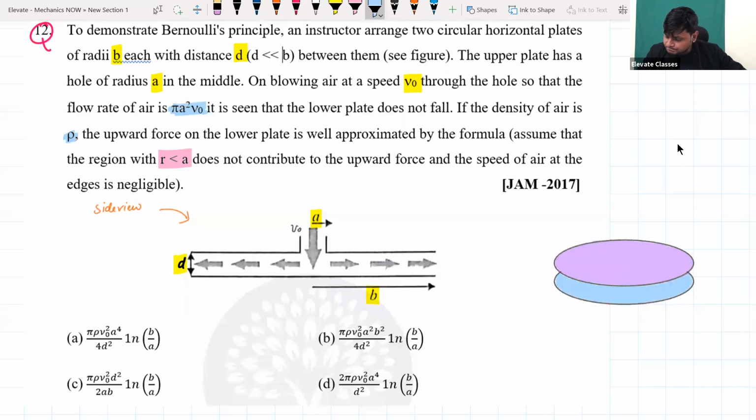Now what is happening is that there is air being thrust through this particular opening in the above plate, and then this air is exiting outwards.